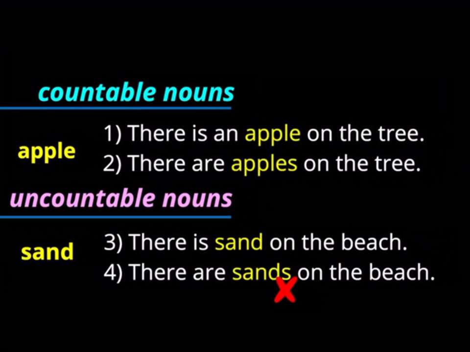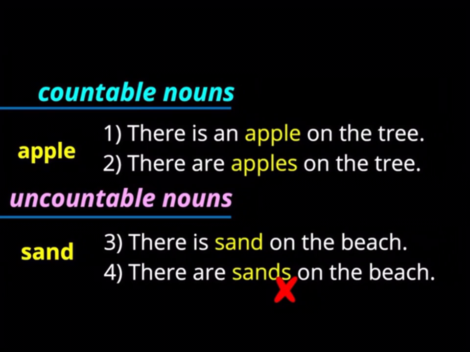Next example, with an uncountable noun, in this case, we are talking about sand. Sand is what we call a mass noun. What is a mass noun? A mass noun is a group of something, and we count a group as one. So they're singular. For example, in number 3, there is sand on the beach.